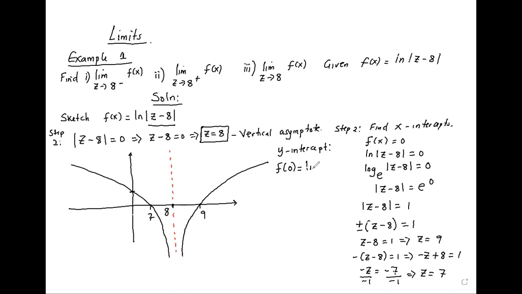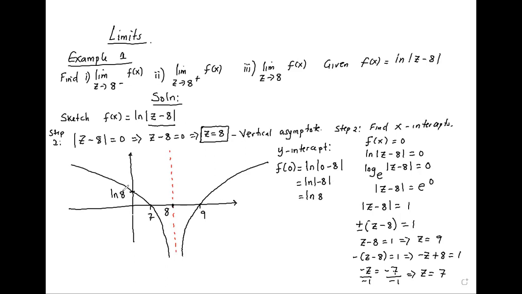So we have ln of 0 minus 8, which is ln of absolute minus 8. The reason for this absolute is to get rid of the negative. So we get ln 8. We have sketched. And that's how you sketch if the absolute is inside ln.